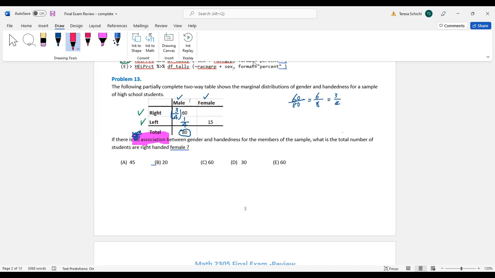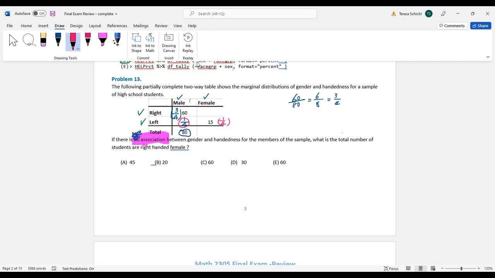We say because they are independent, no association, their percentage-wise should be very, very similar. So the female left-handed will be very similar to the male left-handed. So this should be very close to 1/4, right?